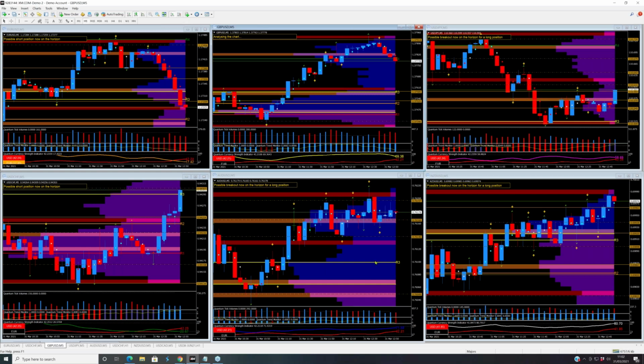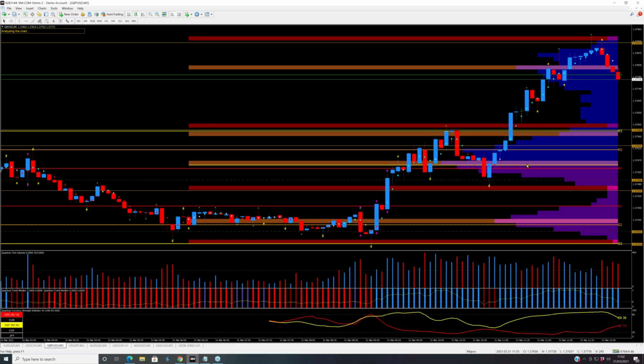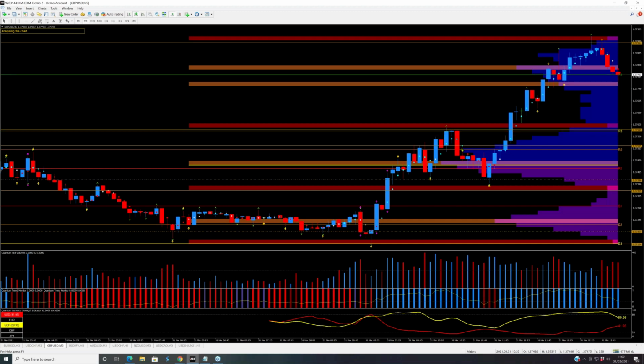But if we look at the pairs where we have seen some action this morning, this is from cable. Again, this is the London Open, the usual nonsense that we get at the London Open. We've had the volume point of control. We had the attempt to break higher. It ran straight into this resistance here at the R3, back to a retest of the volume point of control.